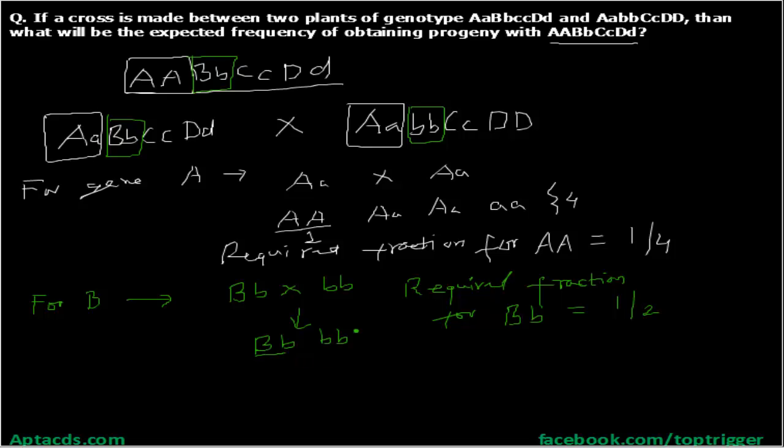So this is 1 and the total number is 2. That's why we have taken 1 by 2. So I'm sure now you can understand that for C, we have to consider this cross.